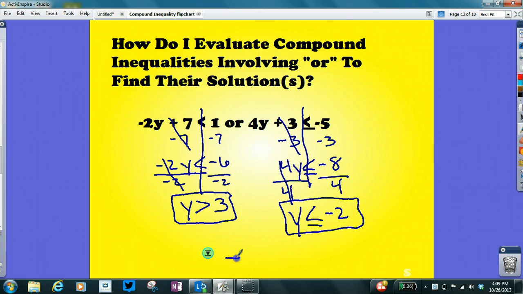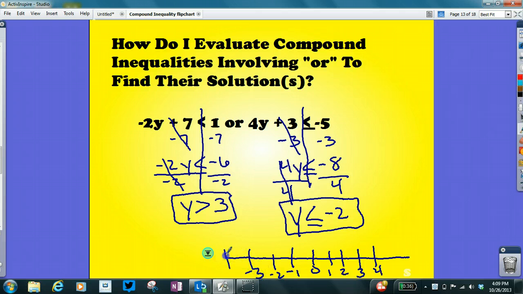And we drew our number line. So I know I'm 0. Alright, so let's look at the first. y is greater than 3. Open circle, because it's not equal to. And then it has to be greater than, so anything greater than is going to be a solution.